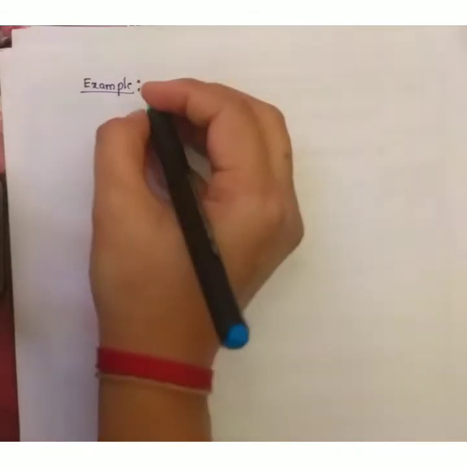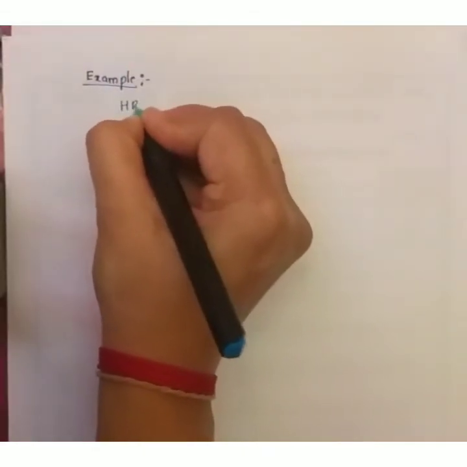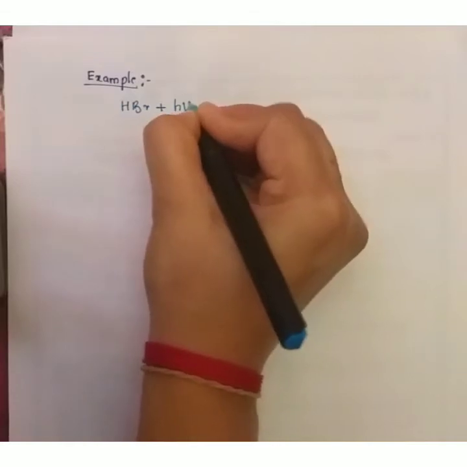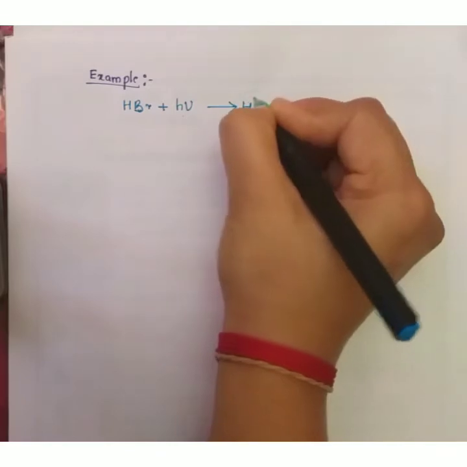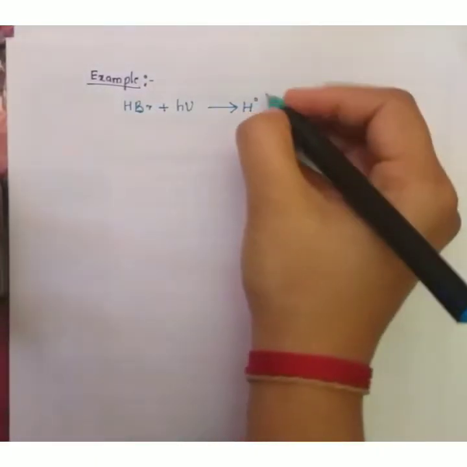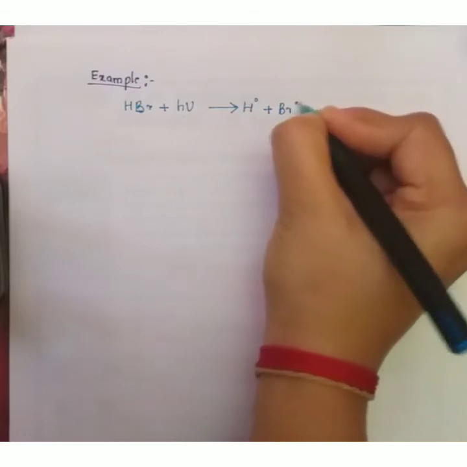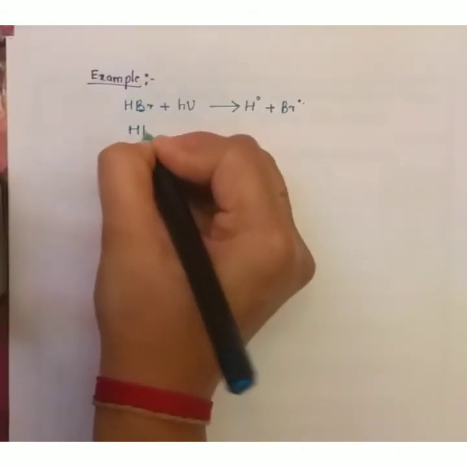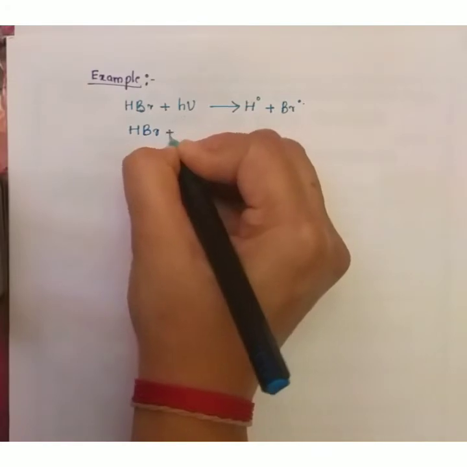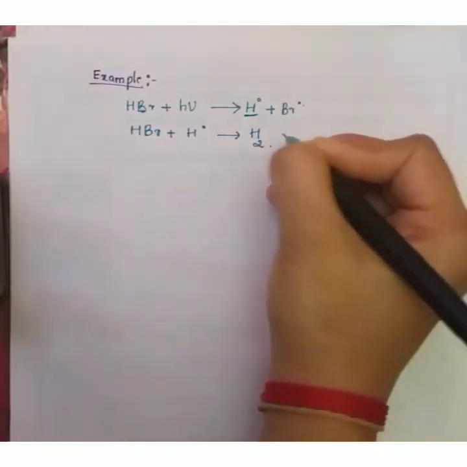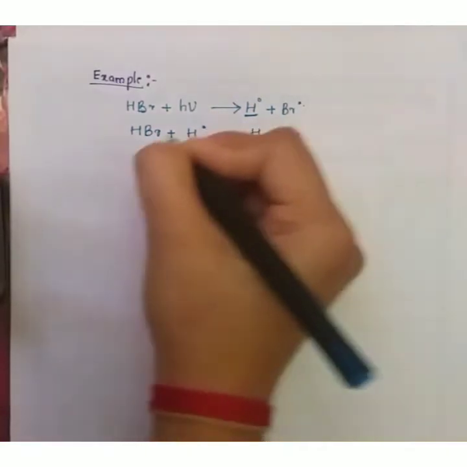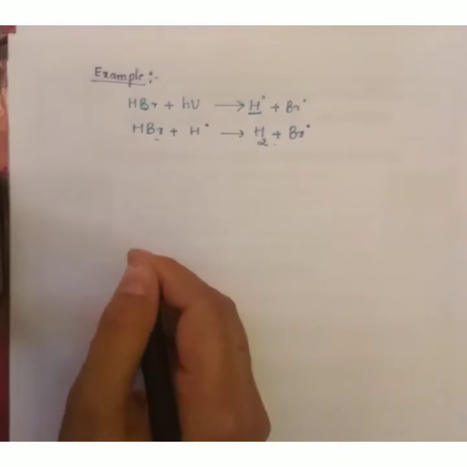We shall study one example to show the difference between the primary and the secondary reaction. That is hydrogen bromide in the presence of light. Here the hydrogen bromide, in the presence of light, splits into a hydrogen atom and a bromine atom. Another molecule of hydrogen bromide reacts with this hydrogen atom to form H2 plus a bromine atom, which goes to the excited state.